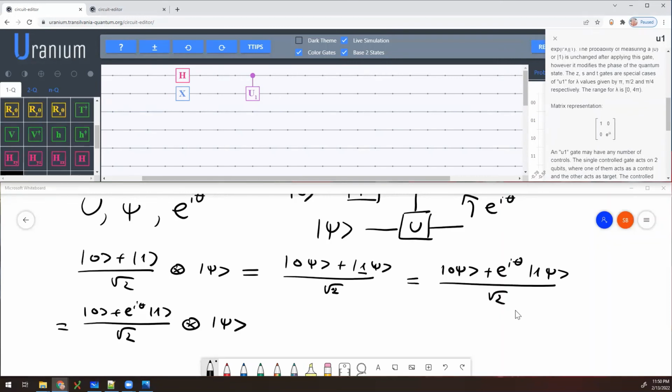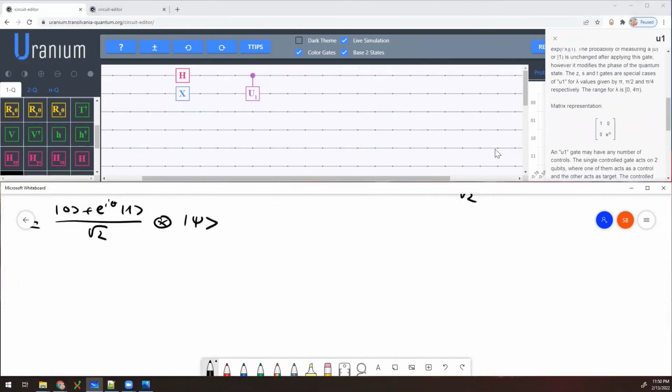Now, our U is U1 of pi over 2. Our eigenstate is the 1 state.